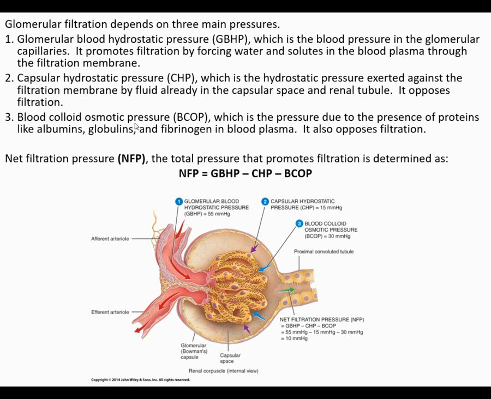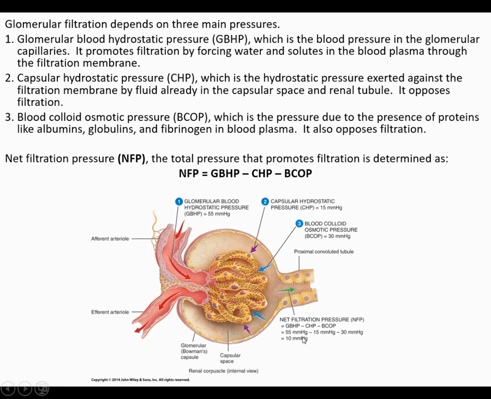Now, you can take those three pressures and calculate whether or not filtration is going to occur. The calculation is NFP, short for net filtration pressure, equal to GBHP minus CHP minus BCOP. Are you going to need to do any calculations on the test? No. But as you can see, when we apply some numbers to it, 55 minus 15 minus 30 ends up as a positive number.